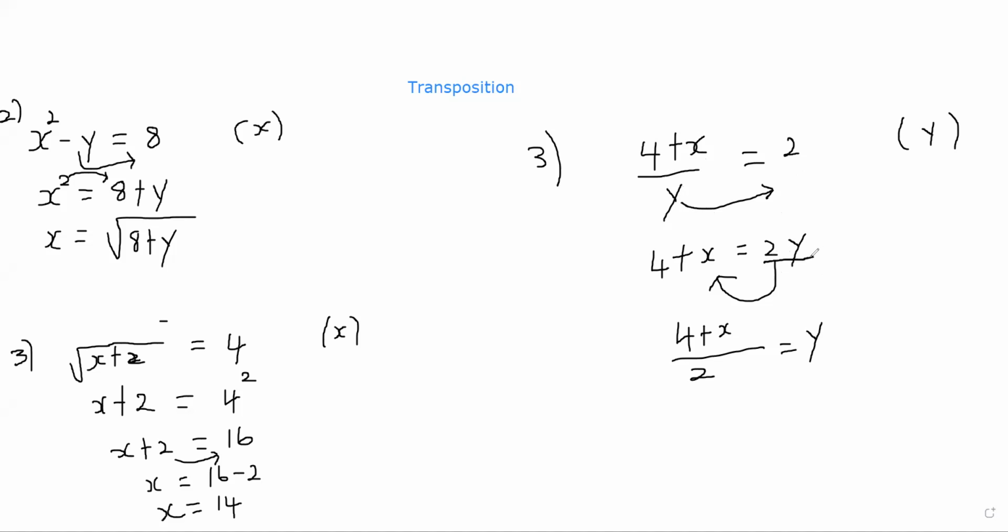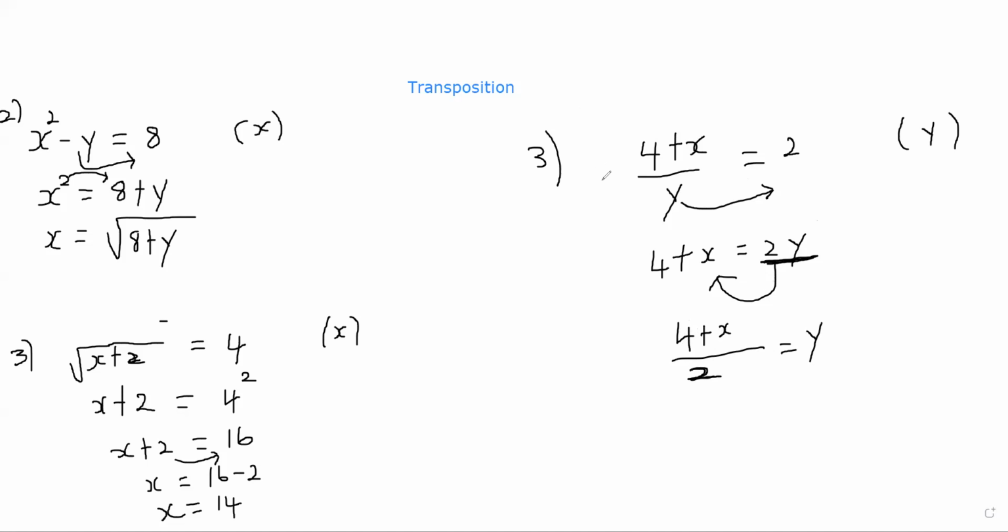So now we get 2y. All we have to do to make y the subject is carry over this 2 to the other side, because then we end up with y by itself. This is what we're looking for. The 2 is multiplying on this side, so when we carry it over, we divide. And now y is by itself, so our answer is 4 plus x divided by 2.